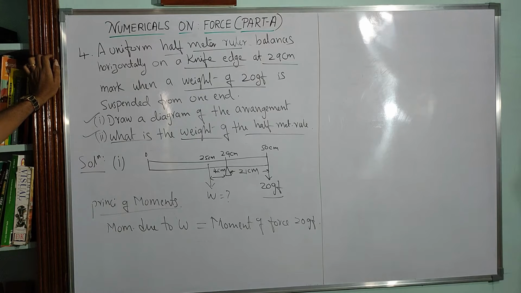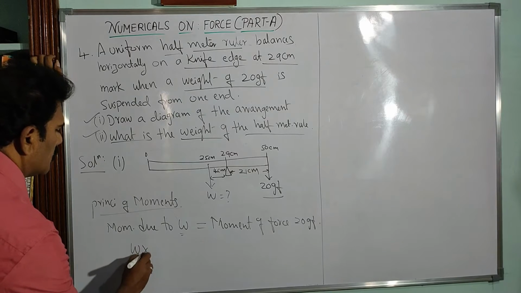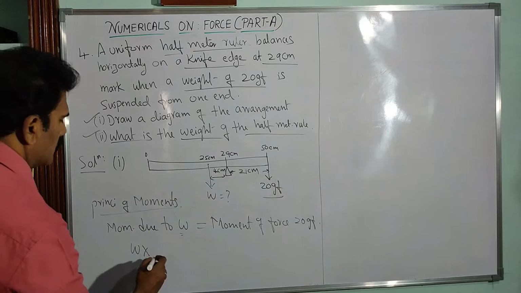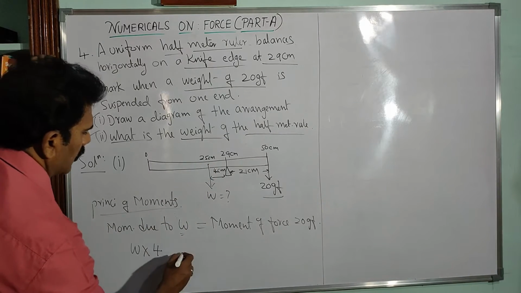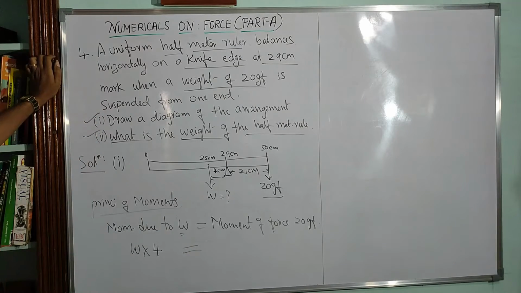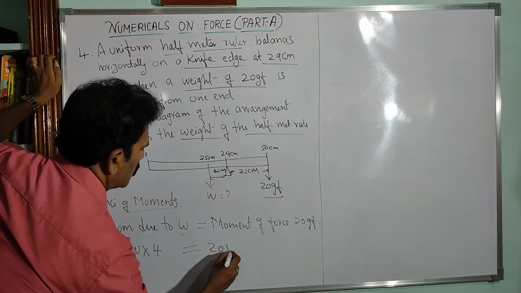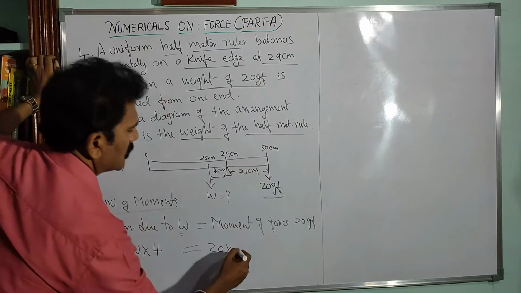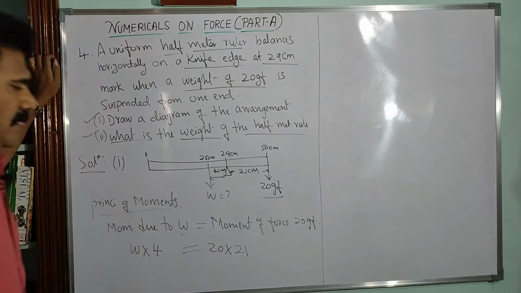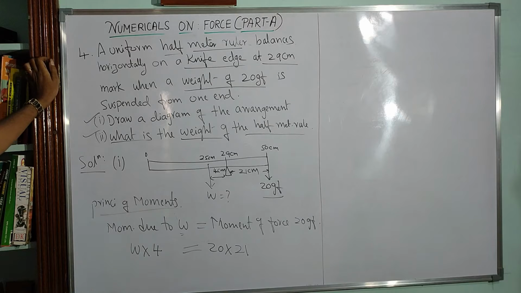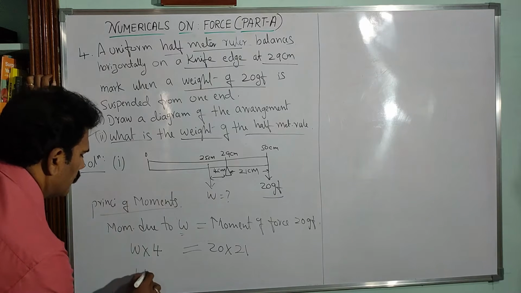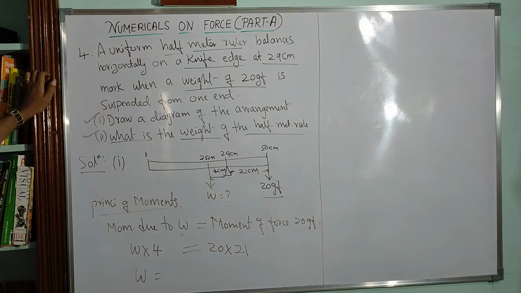For the force W, it is just W into the corresponding length, 4 centimeter. That is equal to the moment of the 20 gram force, which is force into the corresponding distance, 21 centimeter. Clear?